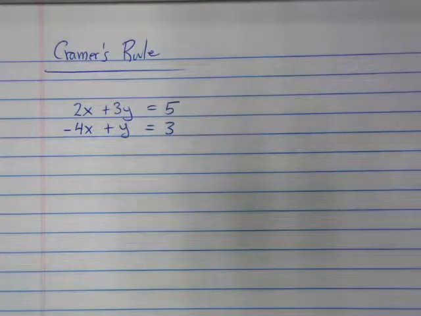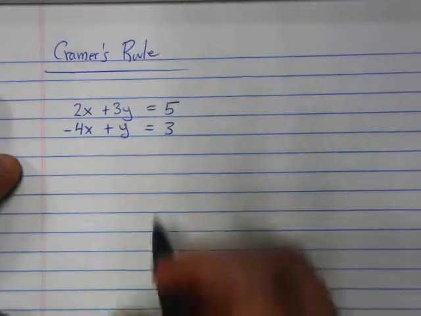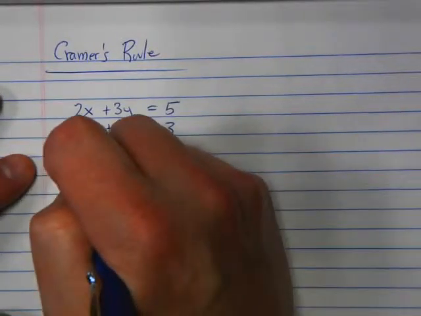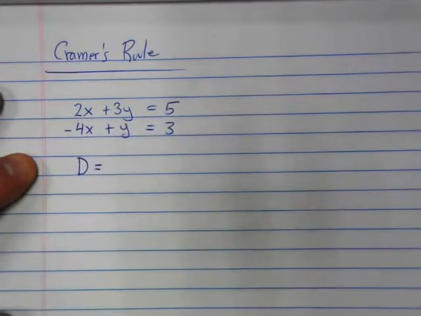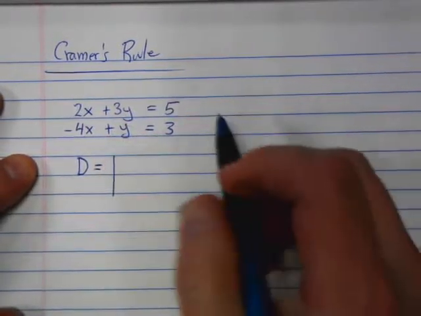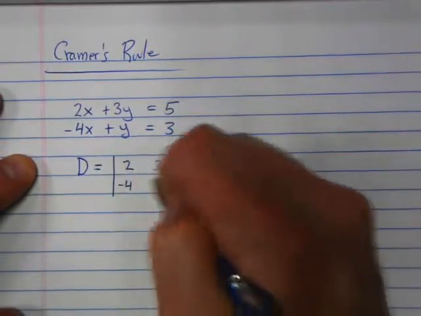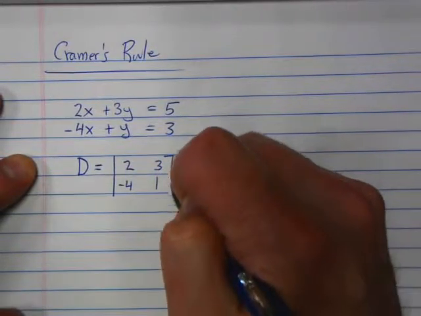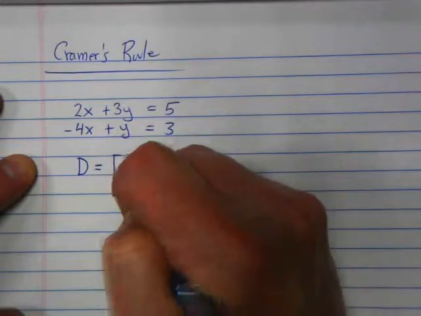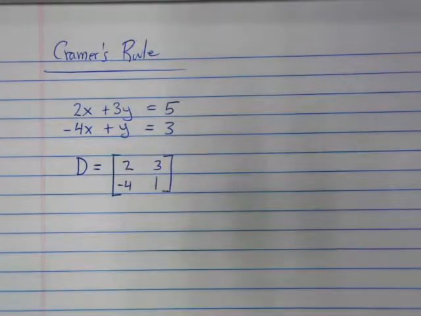So the way Cramer's rule works is you set up 3 matrices. The first matrix is usually called D. And D is simply the coefficient matrix. So that's going to be 2, 3, -4, and 1. So that's the D matrix.